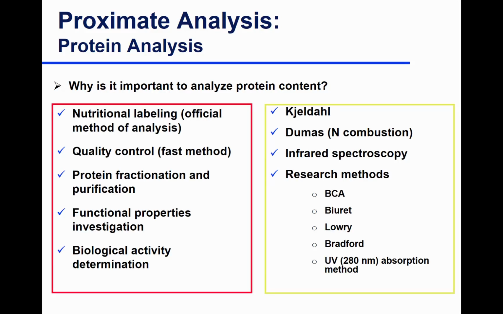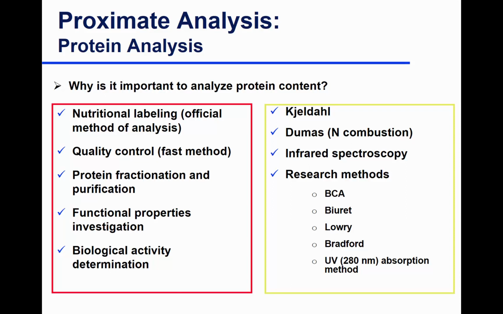Another one is when we are looking at functional properties of proteins, you want to determine the protein concentration. For example, if you are measuring emulsification capacity, which you will be doing in the lab, you want to determine how much oil can be emulsified by 1 gram of protein, because the unit of emulsification capacity is the amount of oil emulsified by 1 gram of protein.